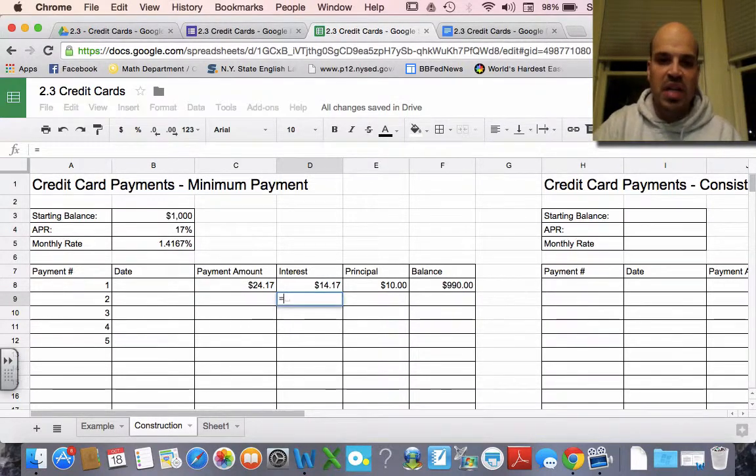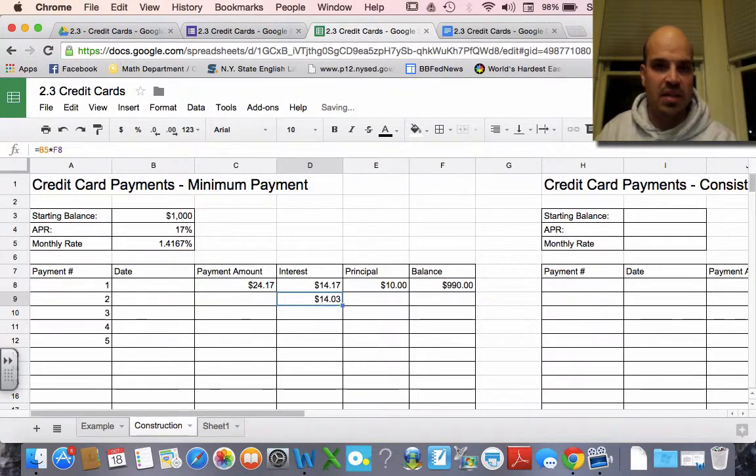My interest is going to equal my monthly rate times the balance, which is not $1,000 anymore. I paid off $10 of the $1,000, so that's $990 now. So my interest is a little less now, sort of how when you put money in a bank, the interest accumulates.